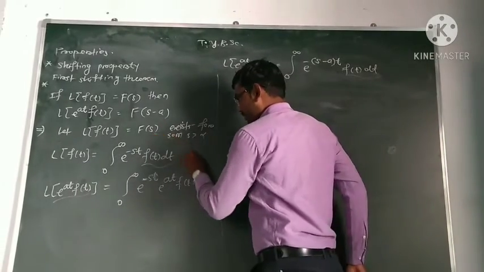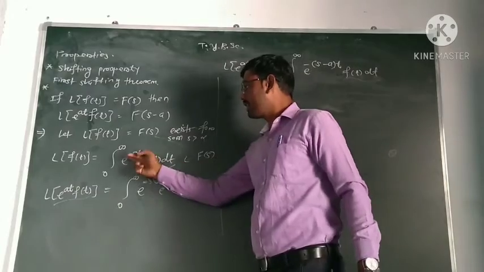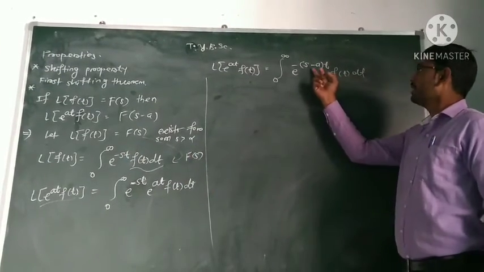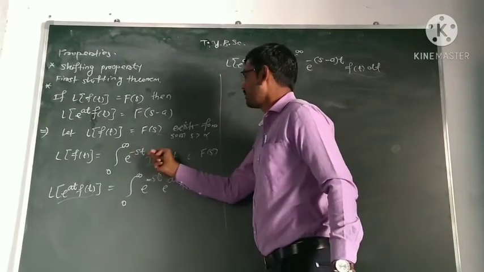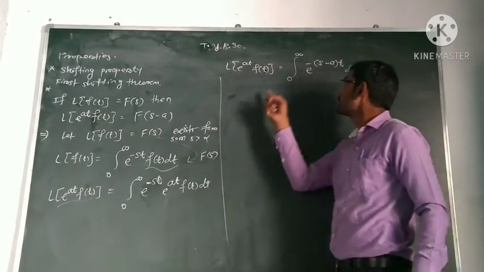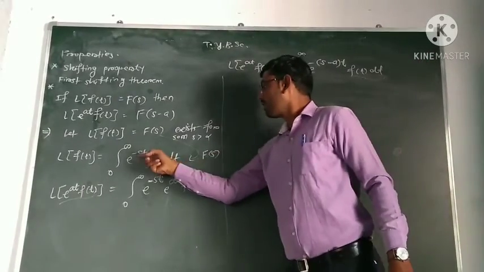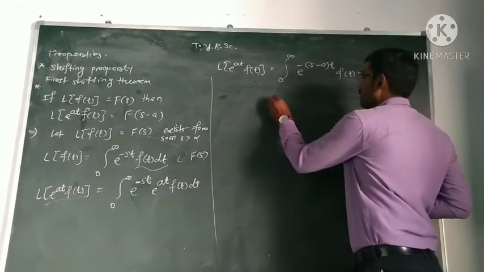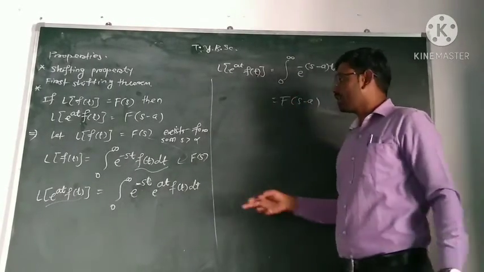This value is F of s, because there it is minus s into t. So instead of s, here it is s minus a, no other difference. So this value is equal to F of s minus a. Understand?